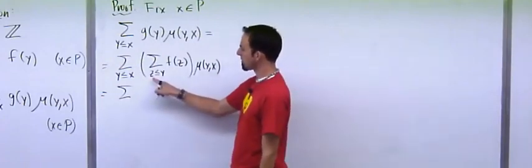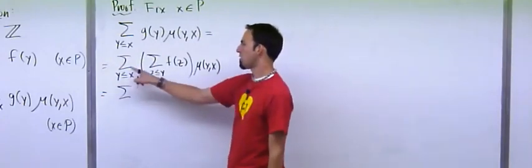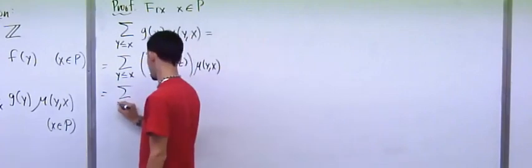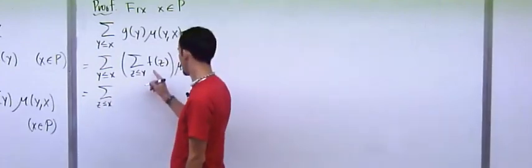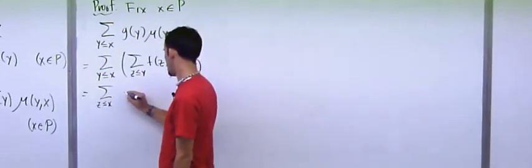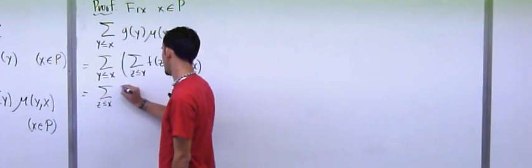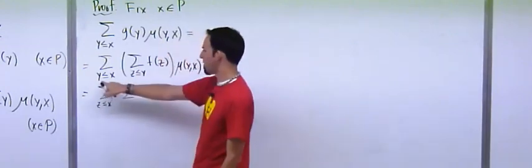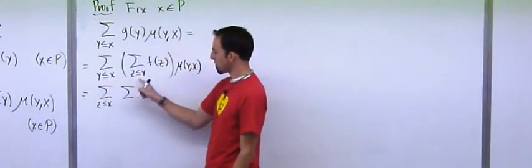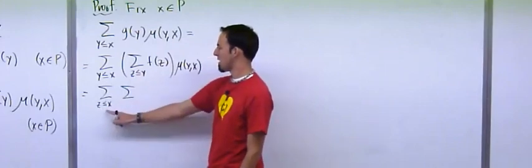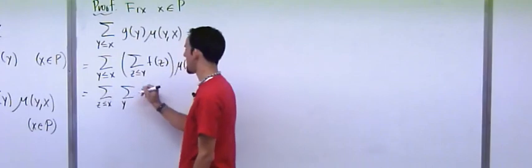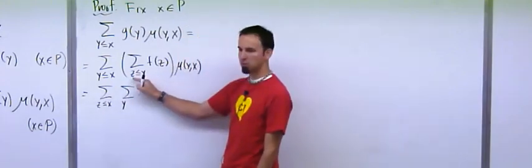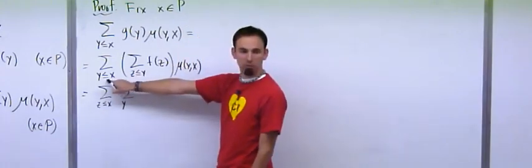So the z's that we are considering are all the ones that are less than or equal to x. And I get, now if I first sum over the z's, then I get all the z's that are less than or equal to x. And if I sum over the y's, then I have to pick up the y's that are bigger than or equal to z and smaller than or equal to x.